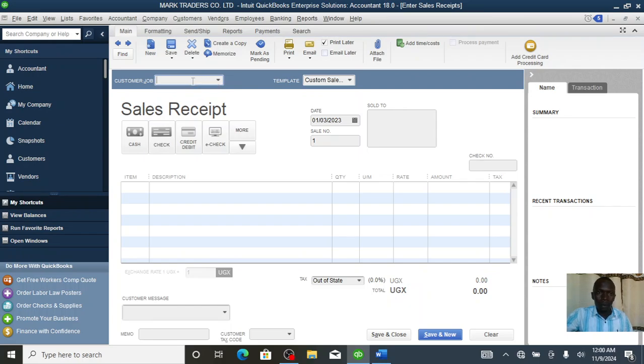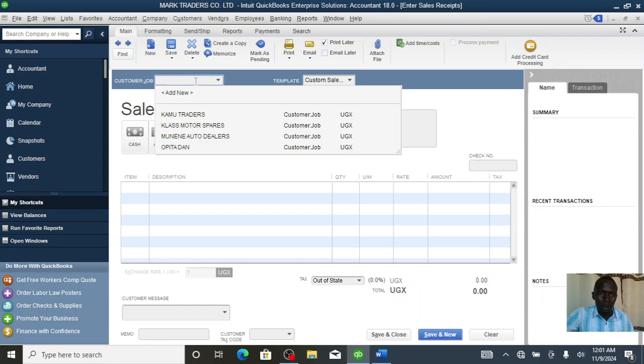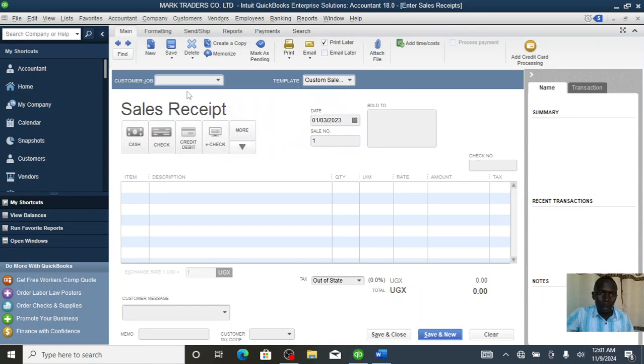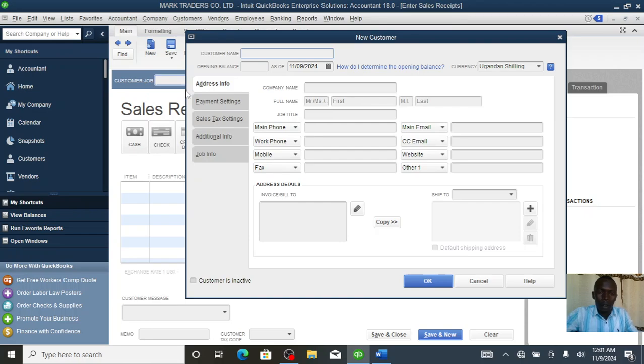Customer. So here we are going to input the customer, but we are not given the name of the customer, so we shall assume that our customer was John. John has no opening balance. Our date, and we say okay.